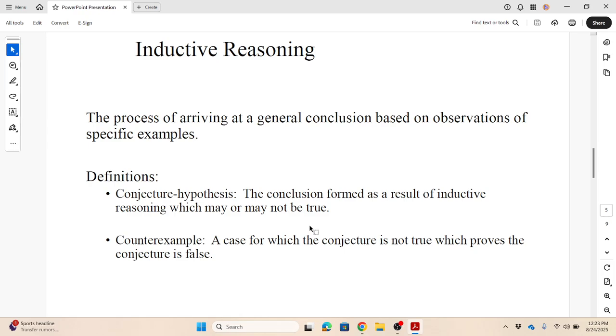So just by looking at some examples, if we form some kind of hypothesis or conclusion, that might be true, or may not be true. So how do you know that it might not be true? By finding a counterexample. If you have a counterexample which is not true, then we can say that, hey, our hypothesis was wrong.